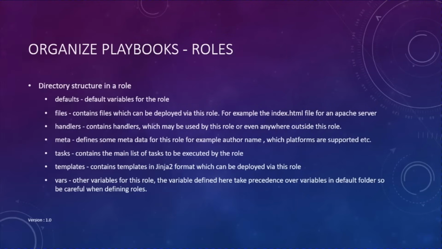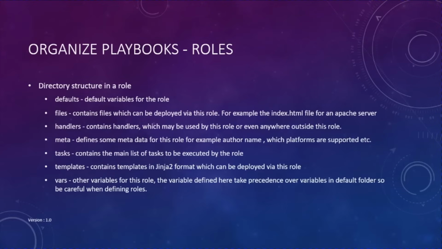Hey guys, a better way of organizing your playbooks is to use roles. Roles are a way of automatically loading certain variable files, tasks, and handlers based on a known file structure. Grouping content by roles also allows easy sharing of roles with other users. So for example, if we were to install our LAMP stack using roles, we would create one role for Apache, one role for MySQL Server, and one role for PHP.